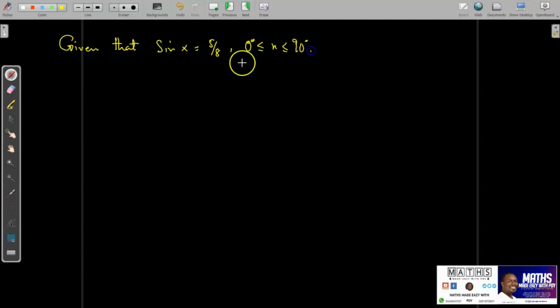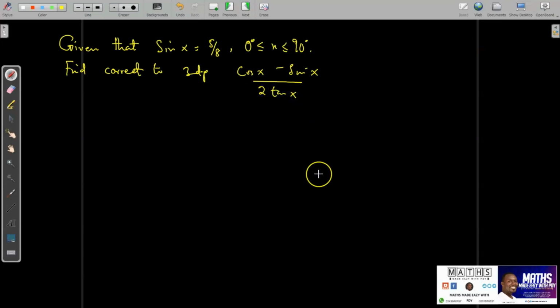Find, correct to 3 decimal places, cos x minus sin x all over 2 tan x. All right. Any idea as to how to solve this question?